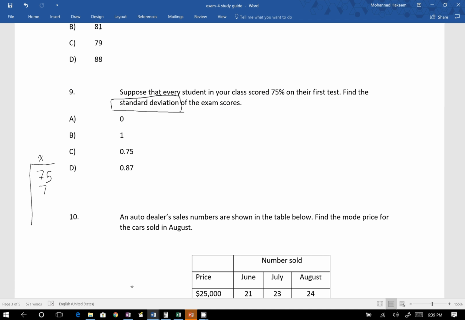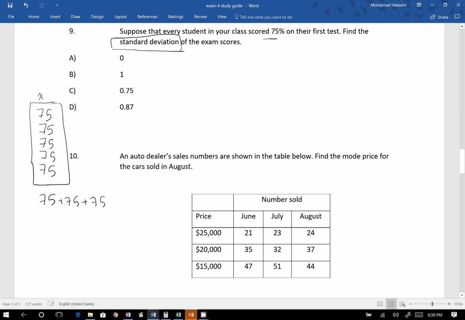Student 2, again 75, because all of them scored 75. 75, 75, 75. What's the average of this class? 75. If you don't believe me, add them up and divide by 5 and see how the average is 75.